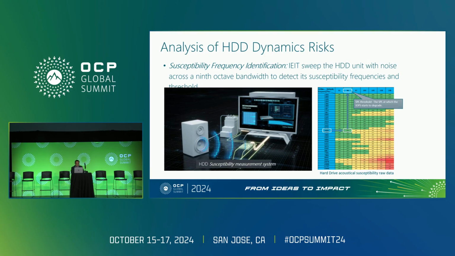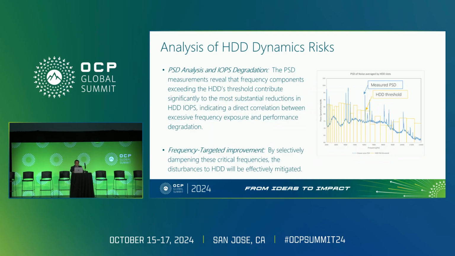Here I provide a real report for one HDD. The first row is the SPL step for the sweep test, and the first column is the center frequency of 1/9 octave bands. Combining the PSD spectrum with the HDD's threshold of acoustical excitement, one can get the figure on the right.